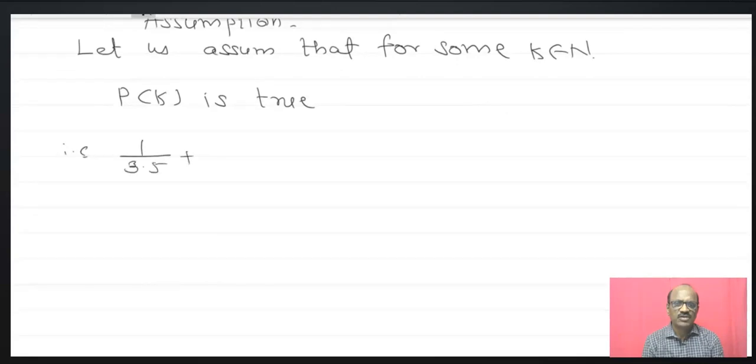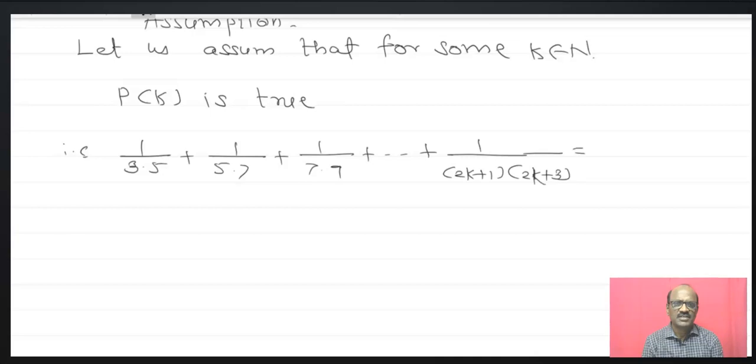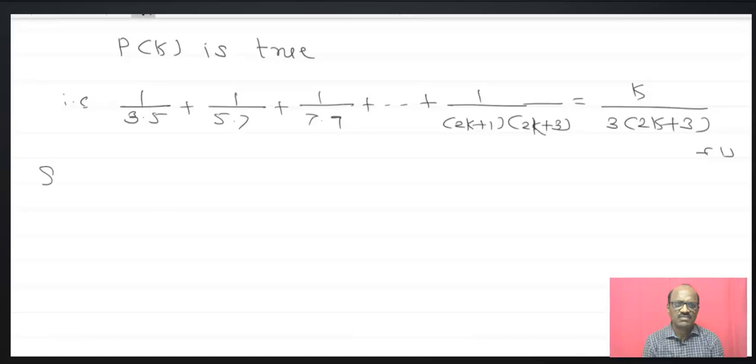That is 1 upon 3.5 plus 1 upon 5.7 plus 1 upon 7.9 plus dash dash plus 1 upon (2k plus 1) into (2k plus 3), that is equal to k upon 3 into (2k plus 3). Now this is equation 1.